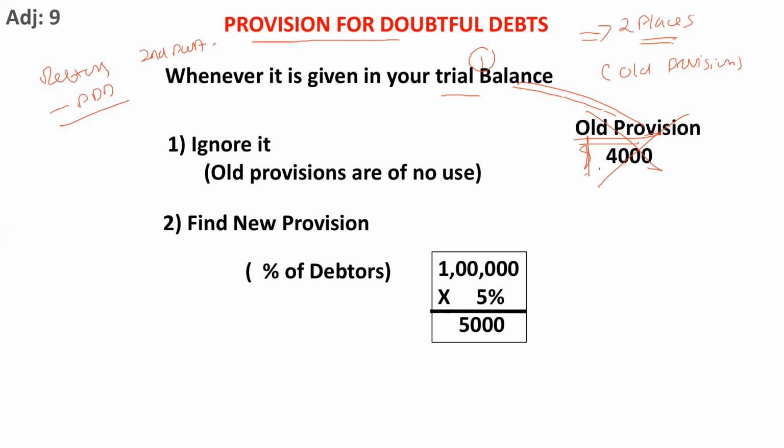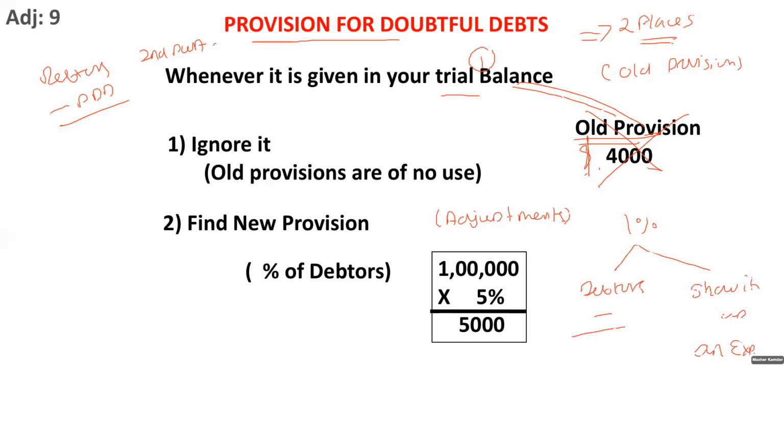Provision for doubtful debts, if they give you in the adjustment that you think that 1% of your debtors will not pay you, that means now you have to do two adjustments for it. You think that your debtors will not pay you, so you subtract from debtors. And another thing, you show it as an expense.